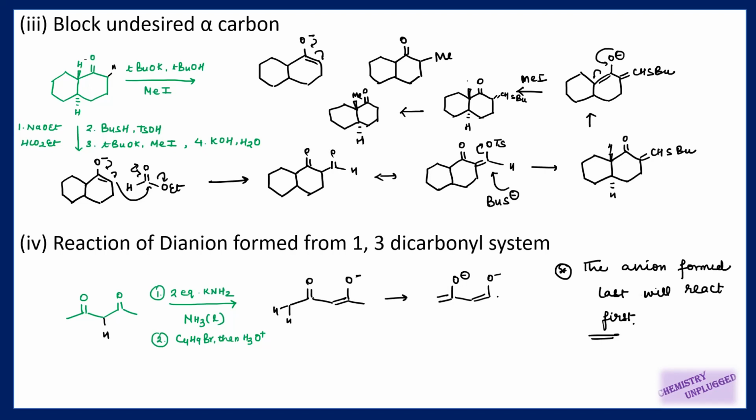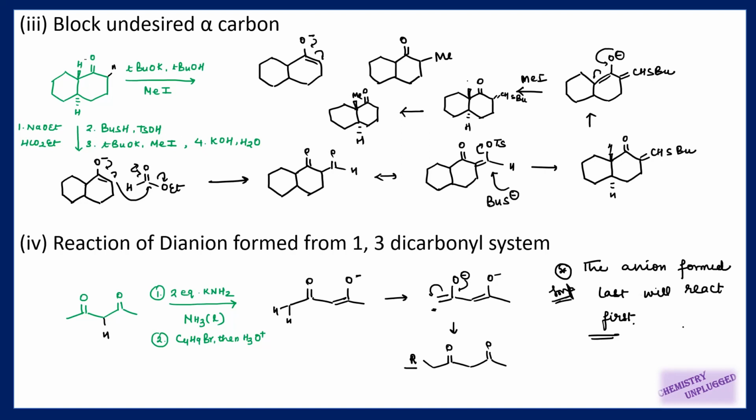So second enolate means second dianion, right? So in this dianion, this carbon will react first as compared to this one, right? And we are using here an alkyl halide, so we will get this group attached here, right? So only remember this point, it is a very important thing, that the anion which is formed last in case of a dianion will react first.